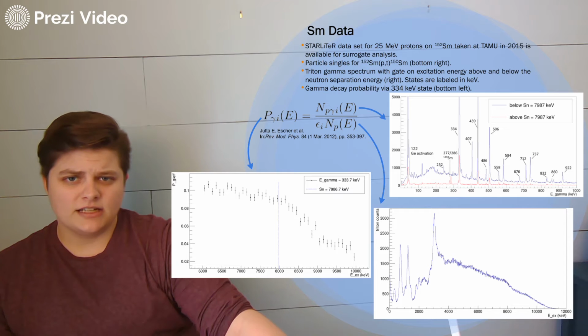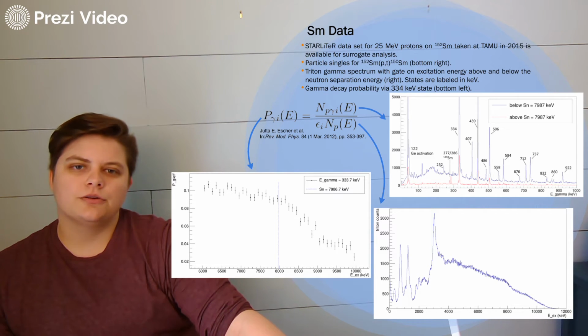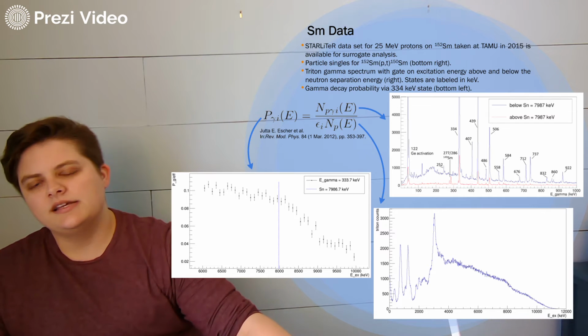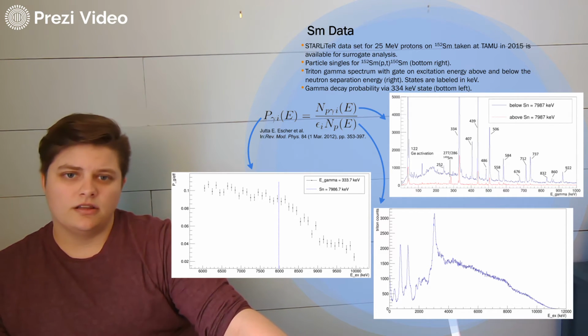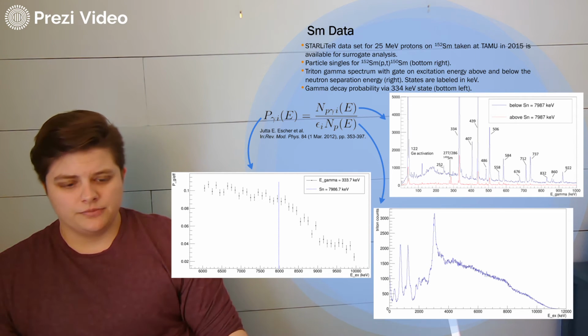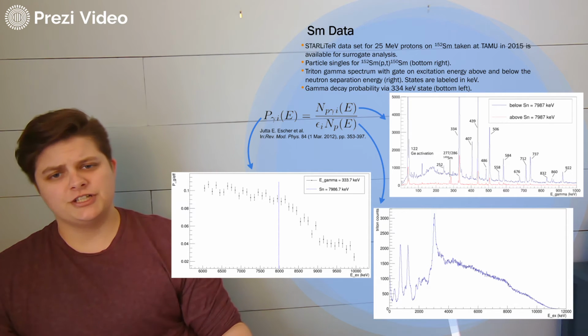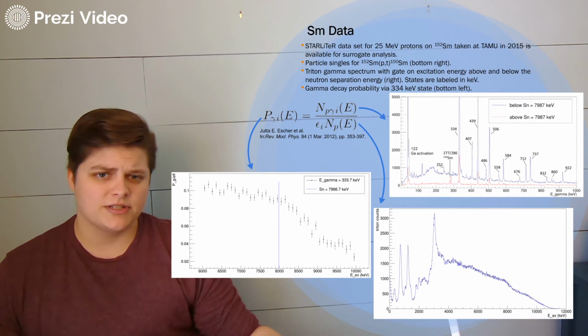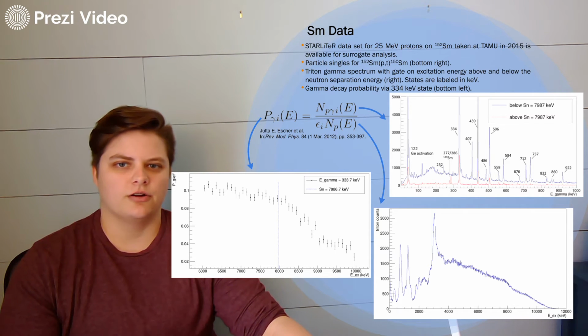So all of this data is for the 152 samarium (p,t) reaction. So the compound nucleus that we're looking at is 150 samarium. And we've gated on triton. So here at the bottom right, we have the triton particle spectra. At those lower energies, we can see discrete states, and at the higher energies into the continuum, as we expect. And so this is the denominator of our equation here.